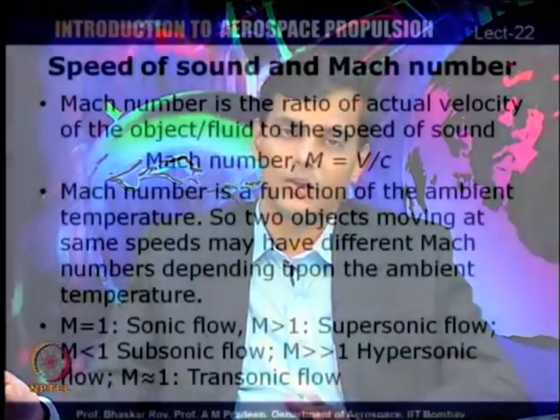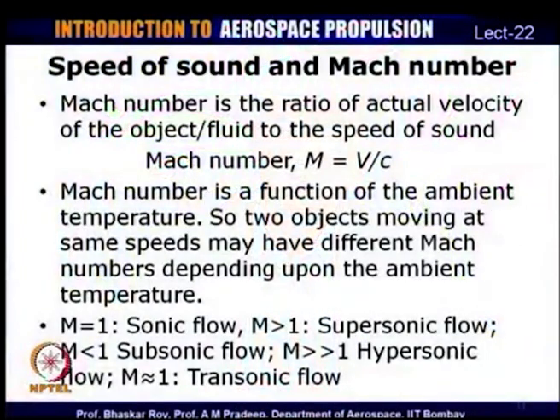Now, based on this, we are going to define a non-dimensional parameter, which is basically the ratio of the velocity of the fluid or the object to the speed of sound, and that is known as the Mach number. So, Mach number is the ratio of the actual velocity of an object or fluid to the speed of sound.